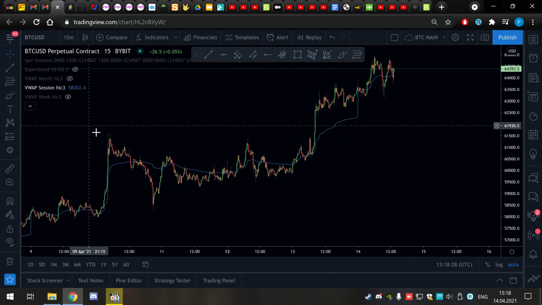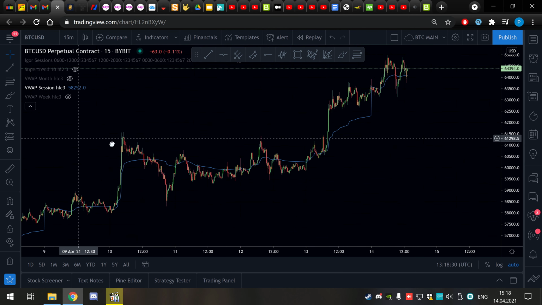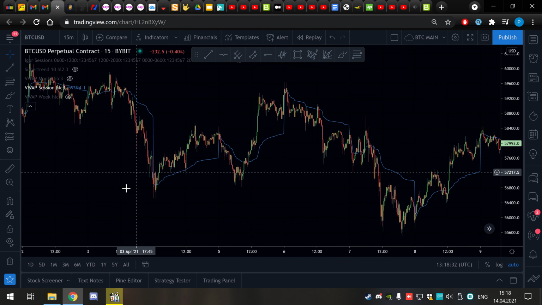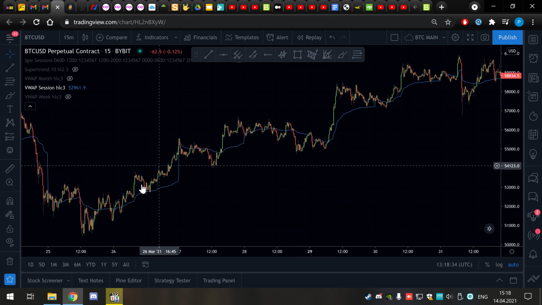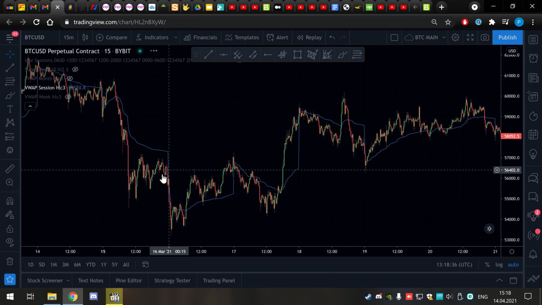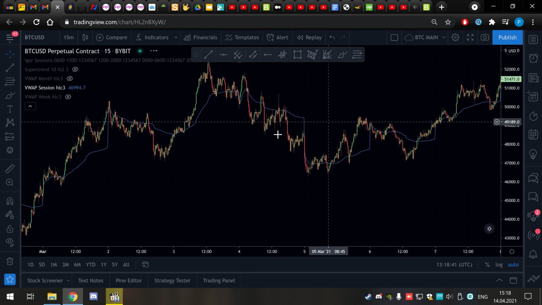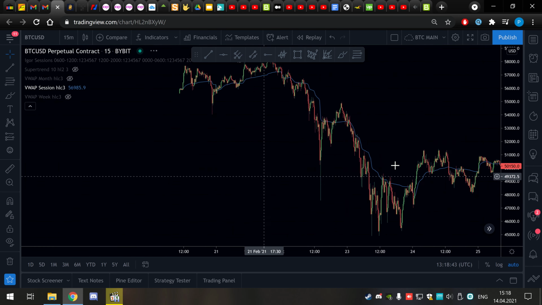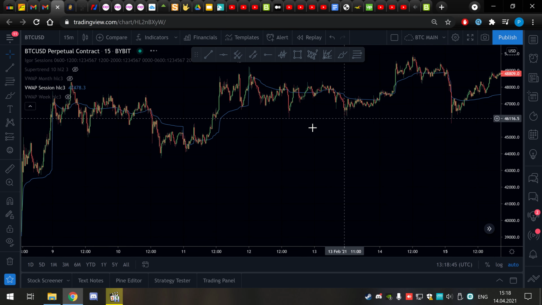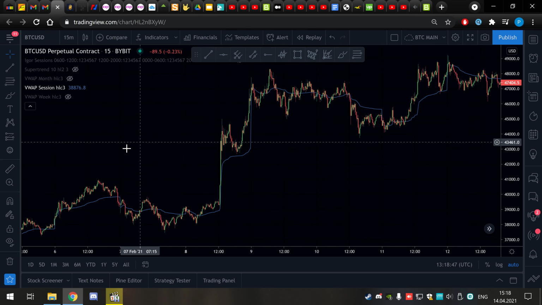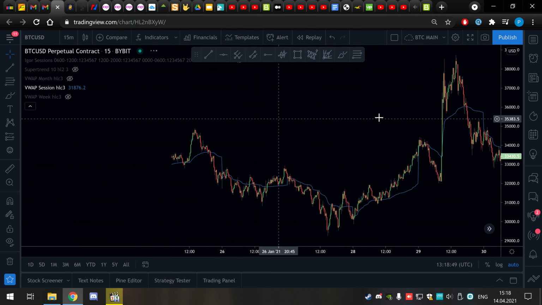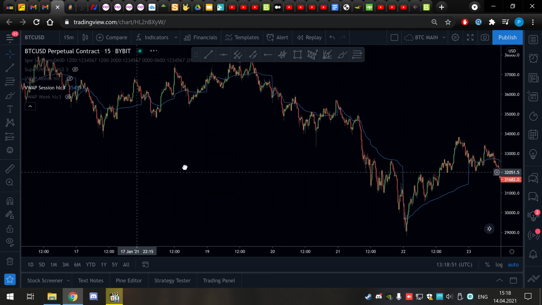And then you will start scrolling down in the chart to the 21st of December. Okay, a bit more scrolling.